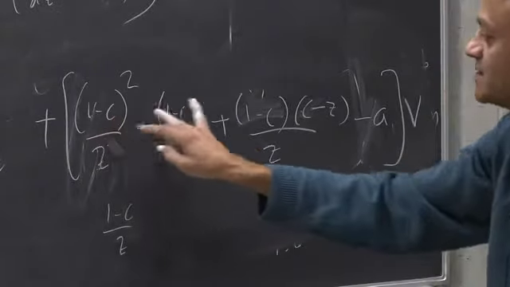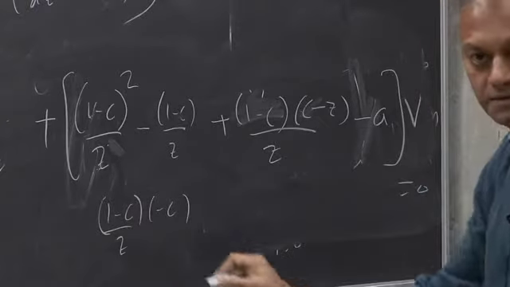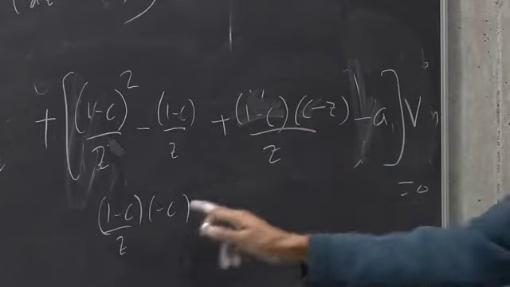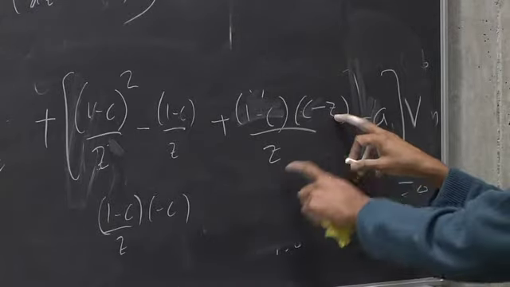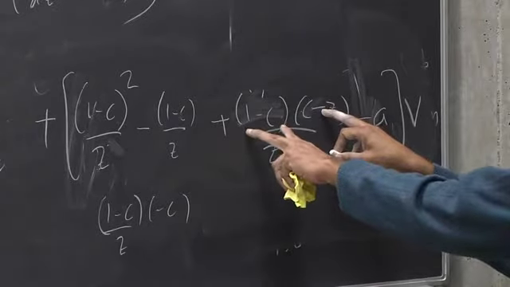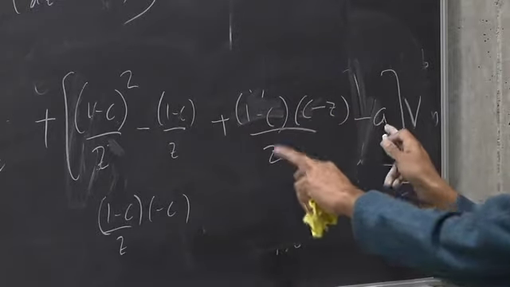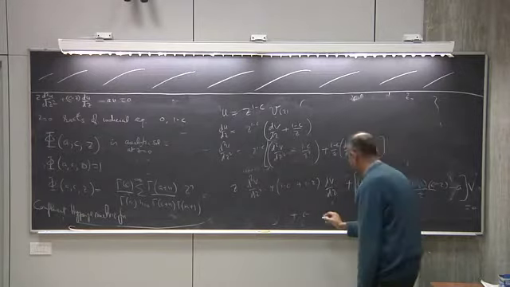And then you get 1 minus c minus 1, which makes it minus c, right? And here also it's plus c times 1 minus c divided by z, so that cancels. And what is left over is this term, but there's no pole, it's just z. So it's just 1 minus c. Minus 1 minus c, so c minus 1. So this last term is simply c minus a minus 1.